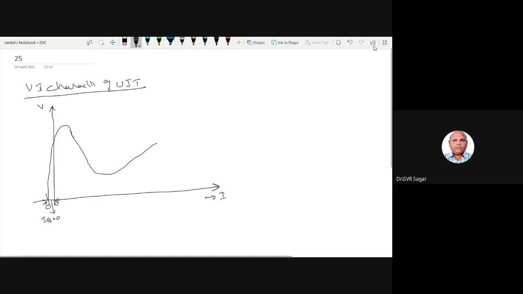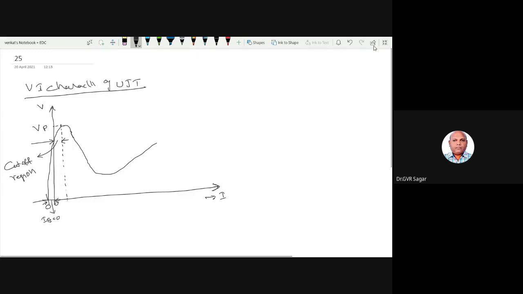So up to this region, up to this value, peak value, this is called as a cutoff region. And after this peak value, the voltage is called as VP, peak voltage.